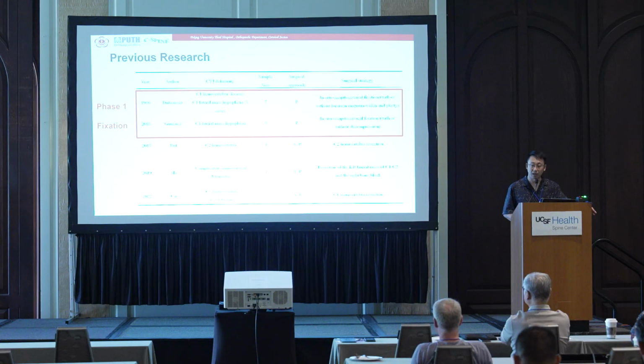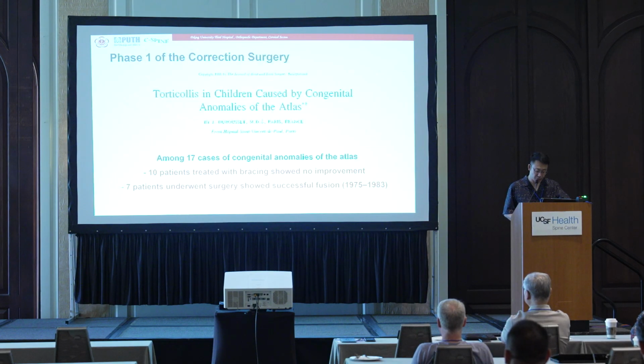You can see phase 1 primarily includes the first 2 studies, during which the surgical strategies focused on in situ fixation and cervical fusion to halt the progression of the scoliosis.